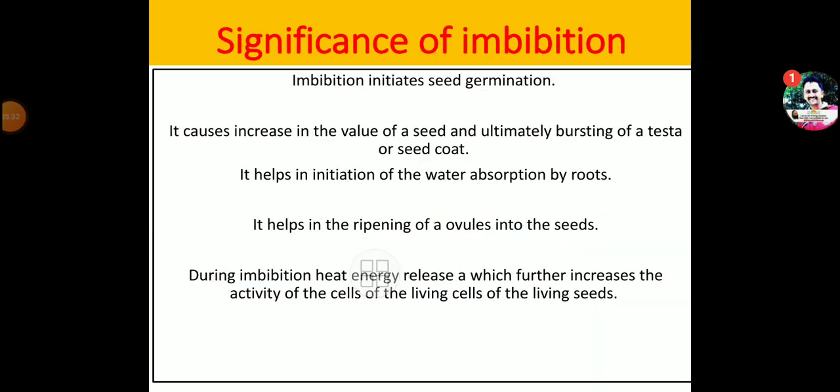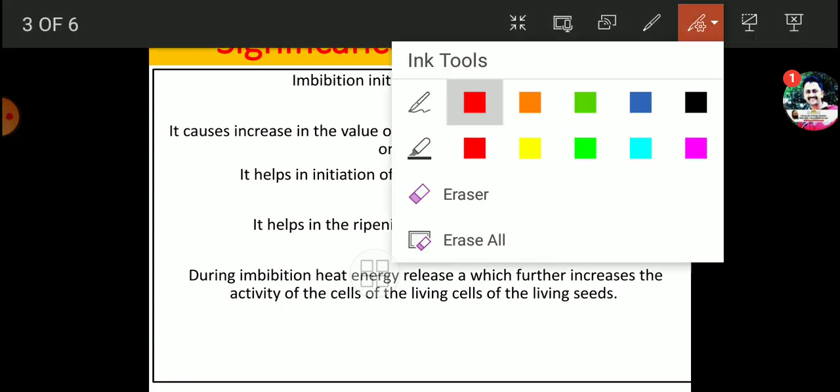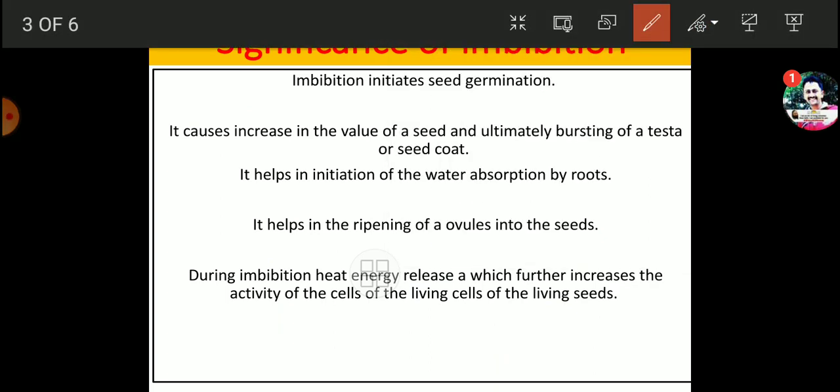Now what is the significance of this process in the life of the plant? First, we know that the life of a plant begins with the germination of the seed. The imbibition process is responsible for the initiation of seed germination.